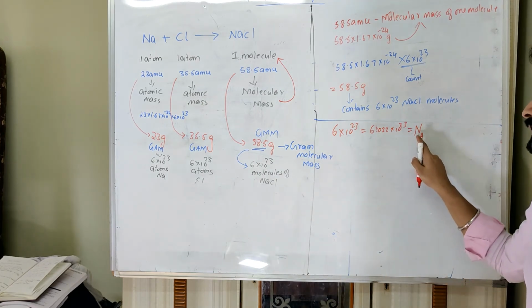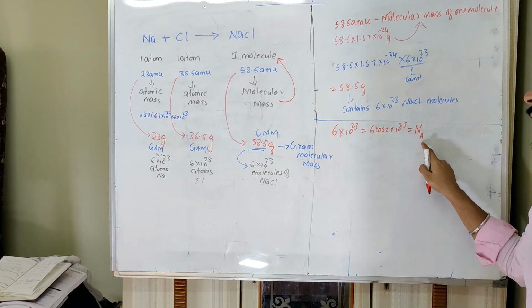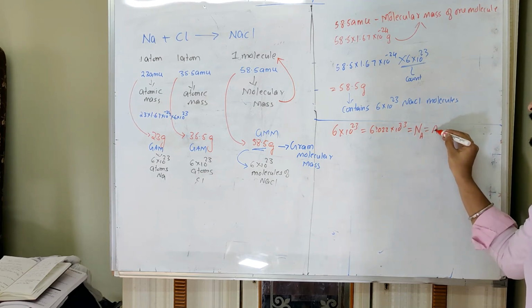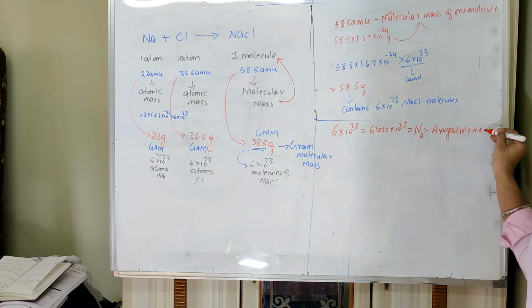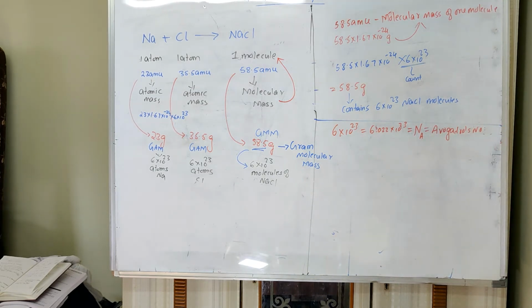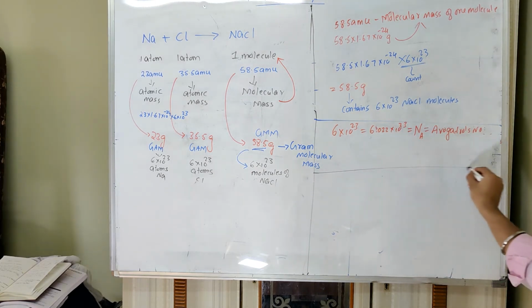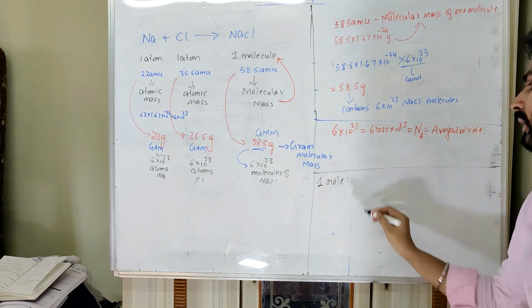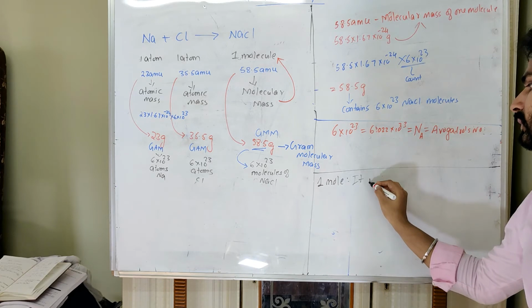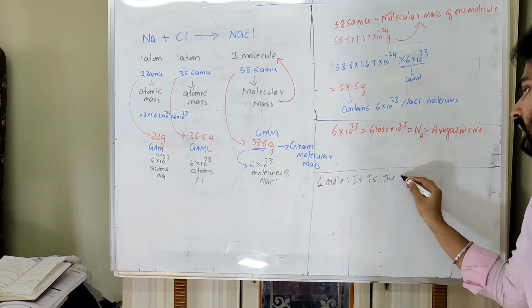In this case, capital N and capital A, with A as subscript, is called Avogadro's number, or Avogadro's constant. Now this particular number is very important to define the mole. So 1 mole is the amount of substance.